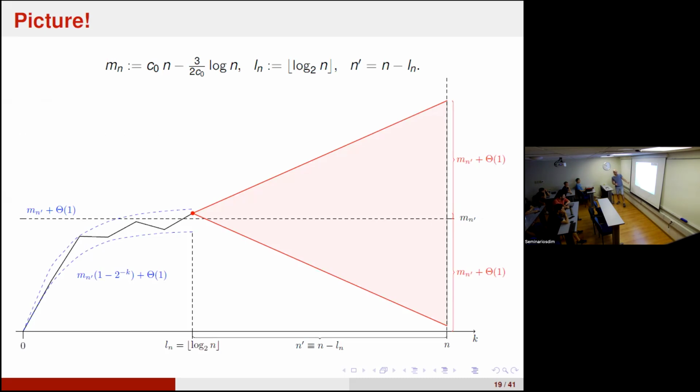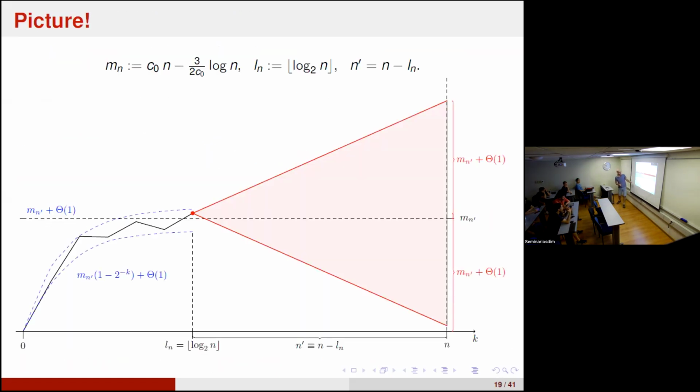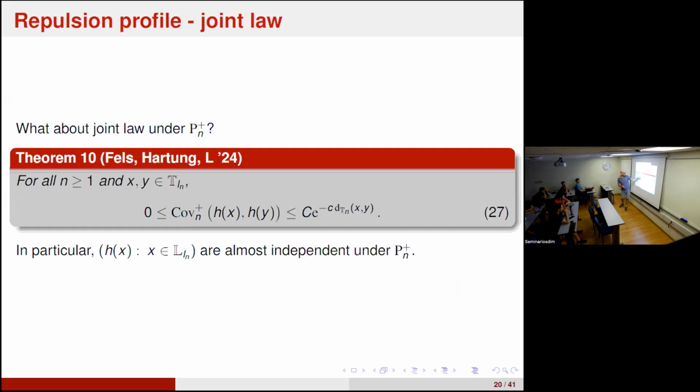So here's the picture. This result is about one particle. What about other vertices at generation l_n? It turns out that they're almost independent. If you look at all vertices at generation l_n, they are all around m_n', and the covariance between their heights decays exponentially fast in their graph distance.